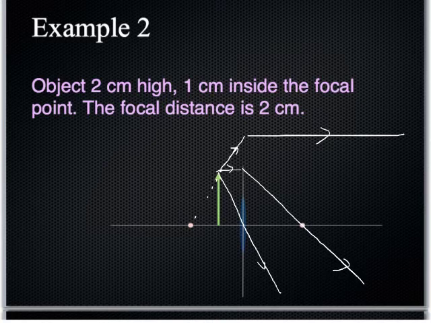Well, they don't overlap on this side. So what we're going to do is project the rays back, just like our brain would do, and we'll find an overlap there, and that's where our image would be. So this one will be virtual, magnified, very large, and upright.